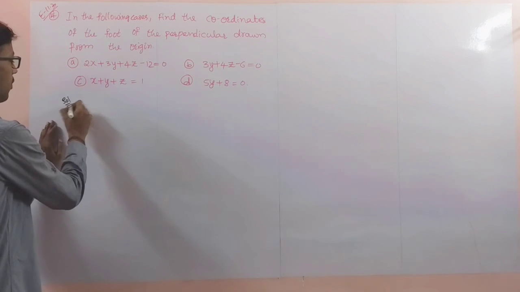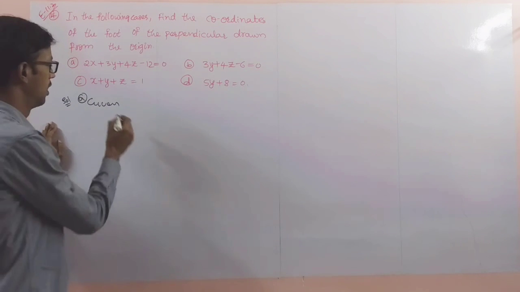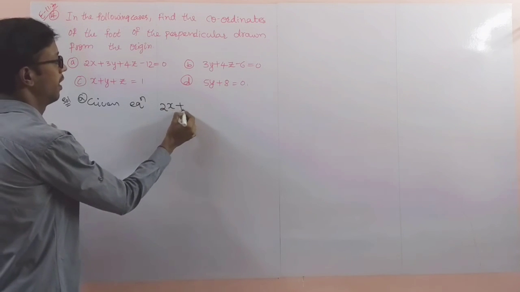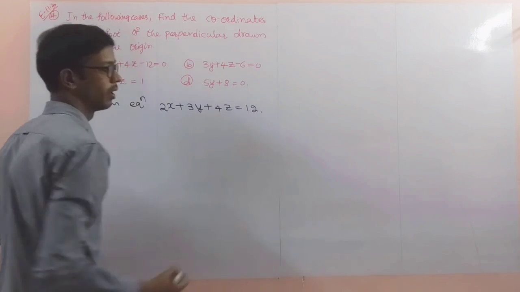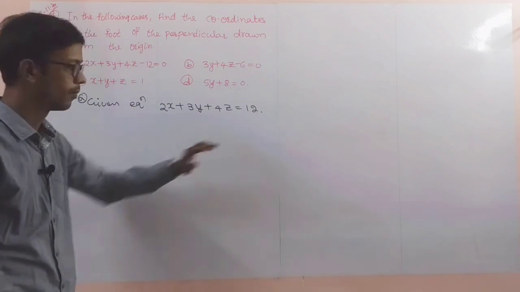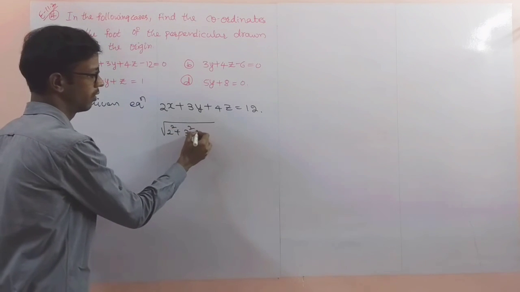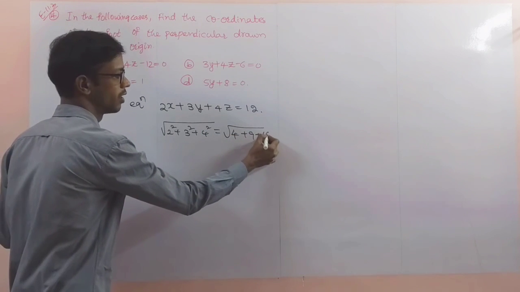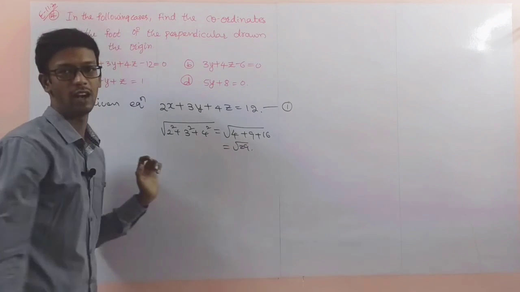Solution: given problem number A, given equation 2x plus 3y plus 4z equal to 12. The constant on the right side you compulsorily have to mention. Next, 2 square plus 3 square plus 4 square is 4 plus 9 plus 16, that is root 29. Take this as equation 1.